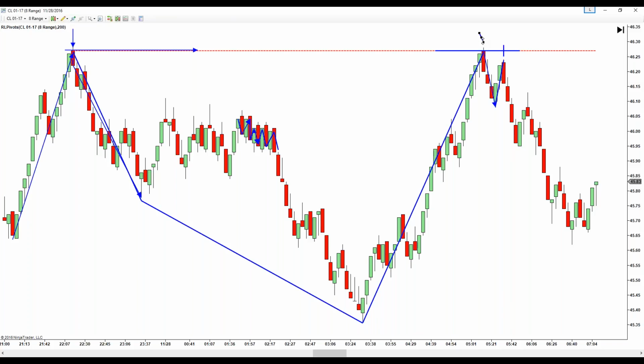Now, unlike certain areas of support and resistance, pivots weaken each time they're hit. Now, there's an overabundance of sellers here, but each time those sellers repel buyers and push price back to the downside, some of those sellers get expended in the process. So the pivot begins to weaken.